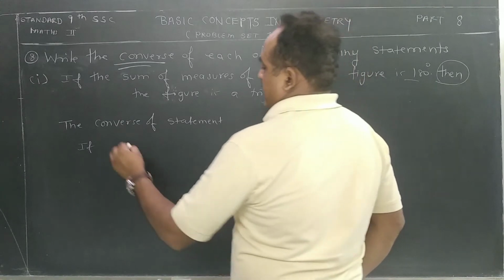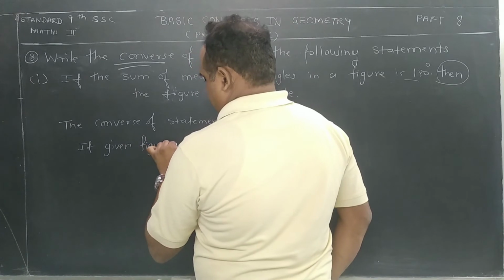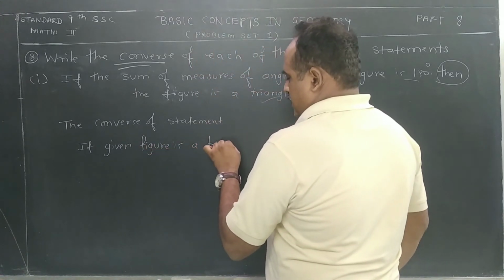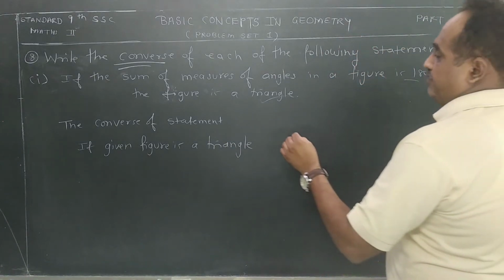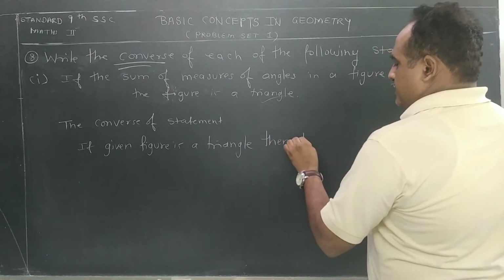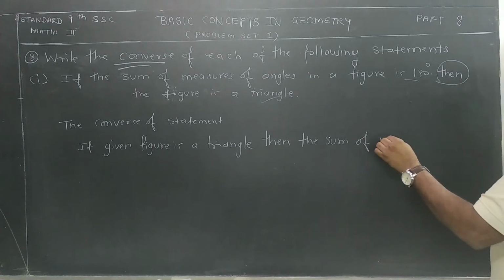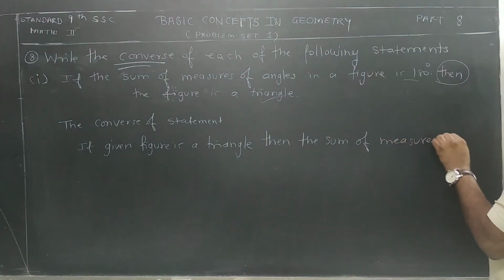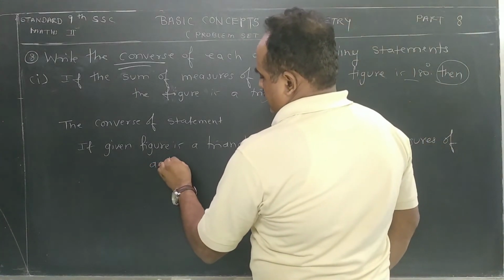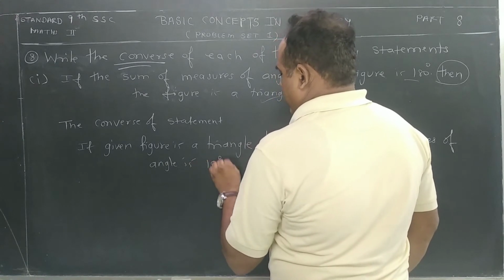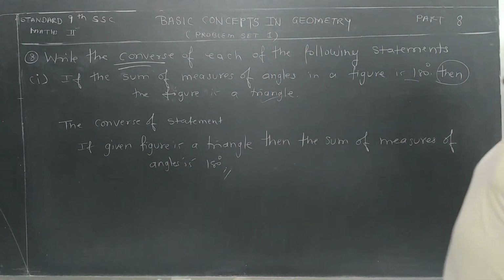So what are you going to write? If the given figure is a triangle, then the sum of the measures of angles is 180 degrees. The sum of the measures of angles is how much? 180 degrees.